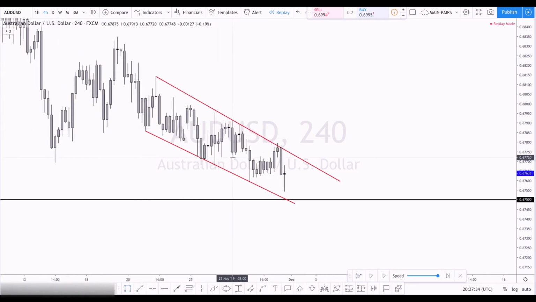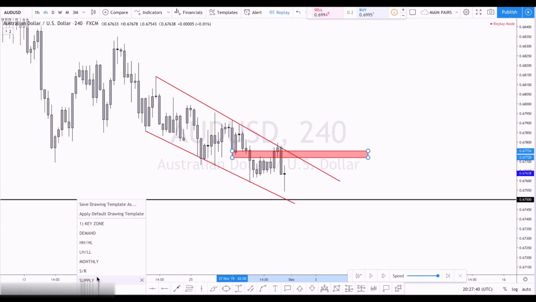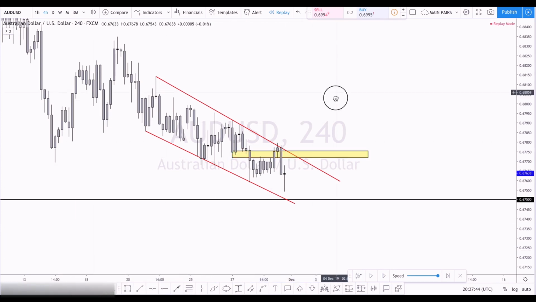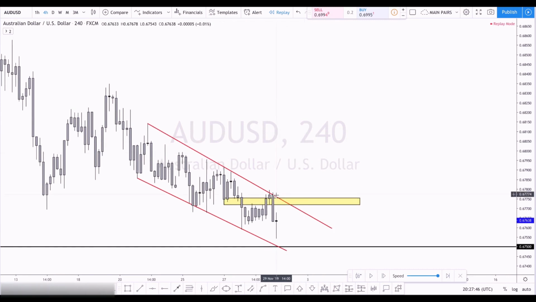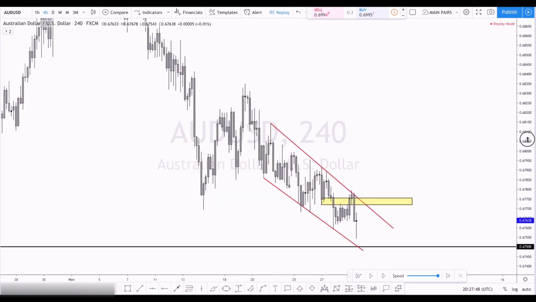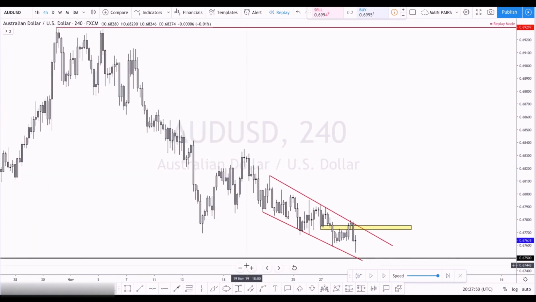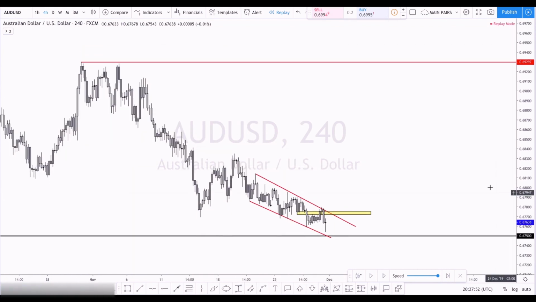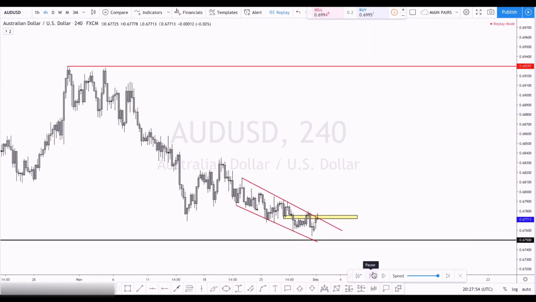Our area of interest is going to be this previous support turned resistance. Why this is a key level is because if price gets above this level, we should now be looking for longs. So let's see what we can see.